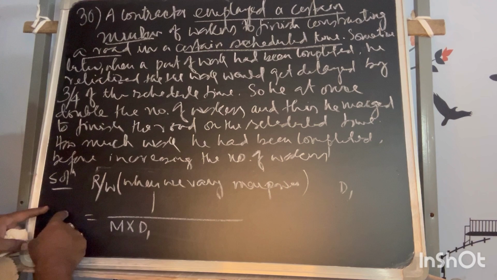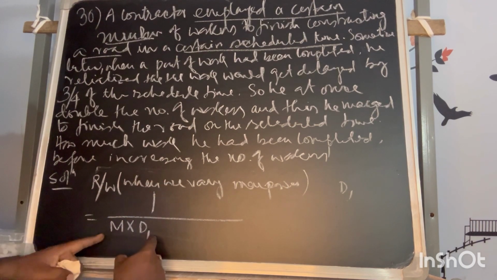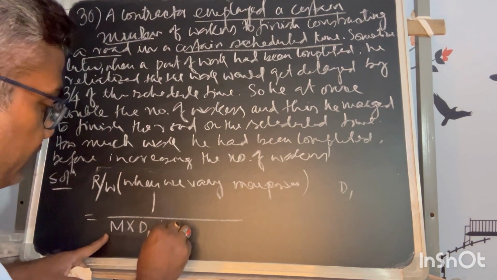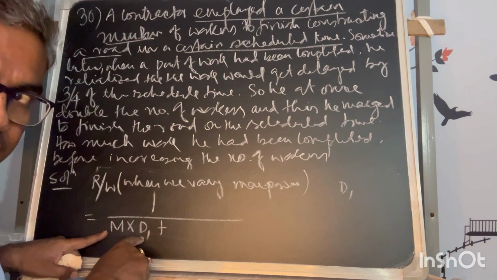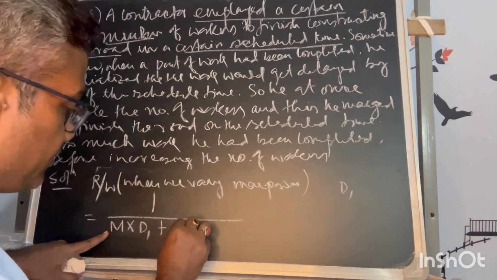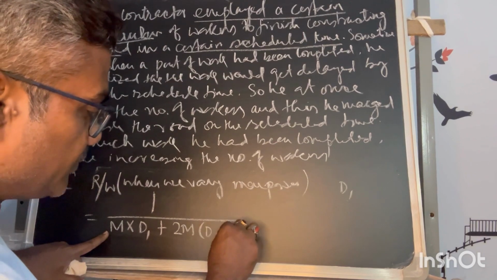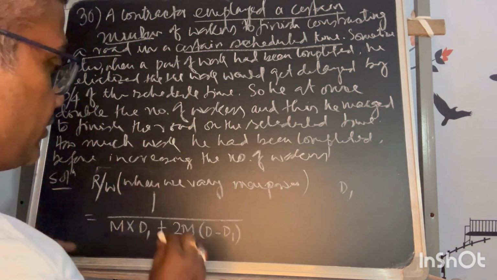What I need is the rate of work, that means job divided by total time, and total time depends on the manpower engaged, with each member contributing for D1 days, and in the second half the manpower engaged, with each member contributing for the remaining days. This is the first rate of work.